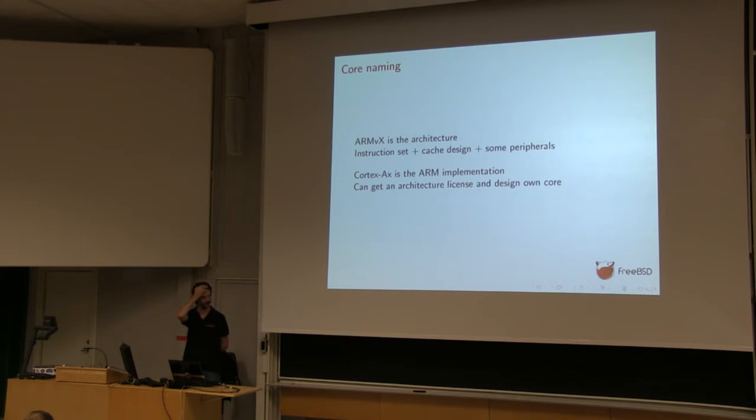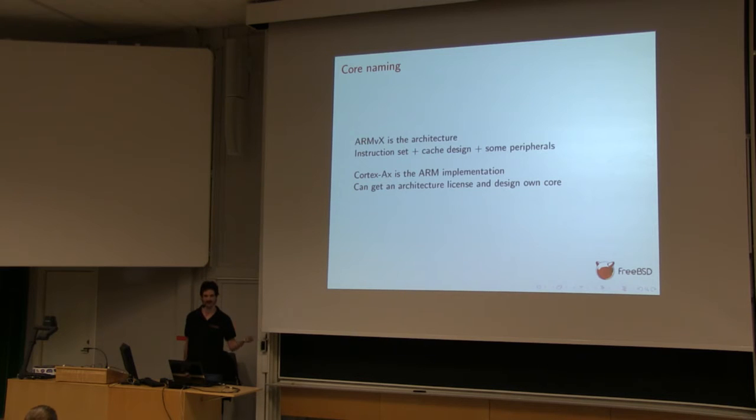So if you haven't worked with ARM before, this is quite confusing for people coming in. Naming is difficult. They've fixed it recently with Cortex. So the 2 pieces of information you need to know nowadays: ARMv something or other is the architecture. So ARMv8 is the 8th edition of this, which is the instruction set.